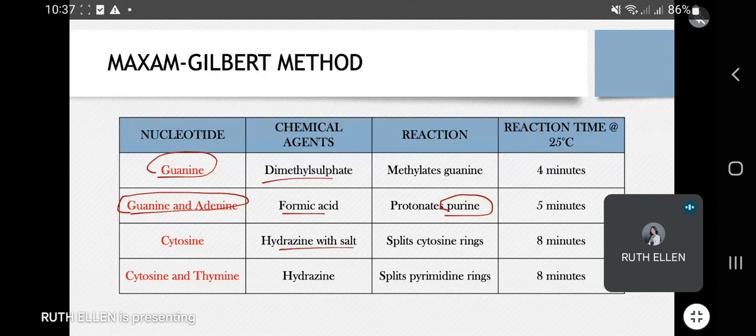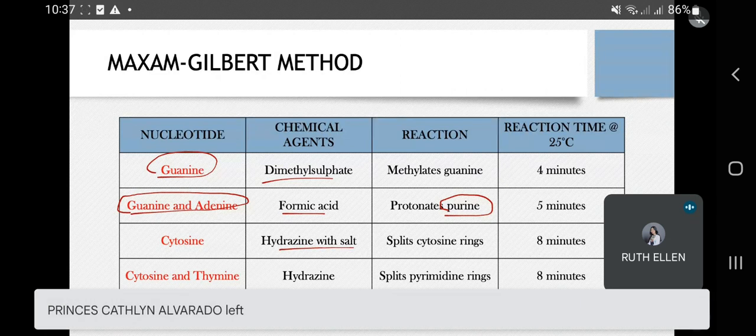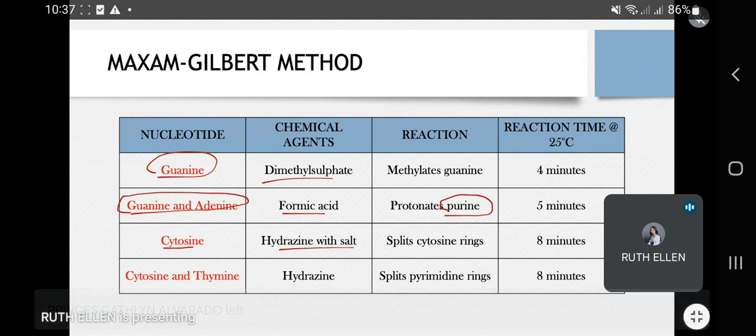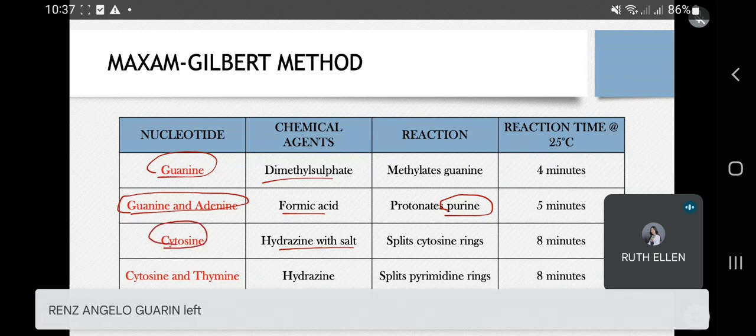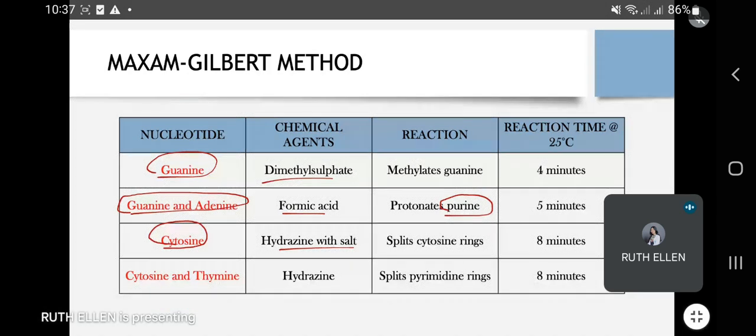Next, we have hydrazine with salt. Ang ginagawa naman niya is that it splits cytosine rings. Ang target ni hydrazine with salt is cytosine. The reaction happens at 8 minutes at 25 degrees Celsius. Next, we have hydrazine. Ang ginagawa niya is that it splits pyrimidine rings. At sino yung mga pyrimidine natin?